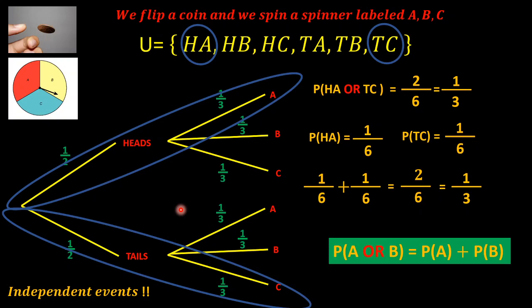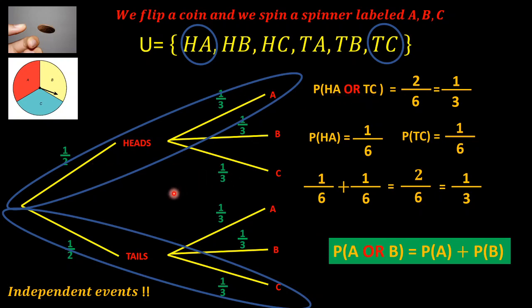Okay. Last step. I see which probability I have to calculate. Therefore, I highlight the paths that are the ones I want, like here, to get heads A or tails C, these two paths.